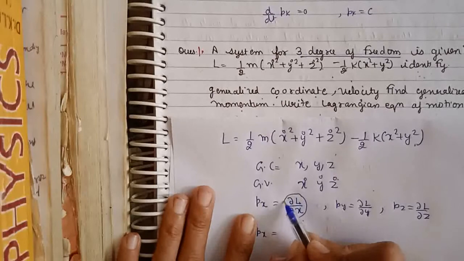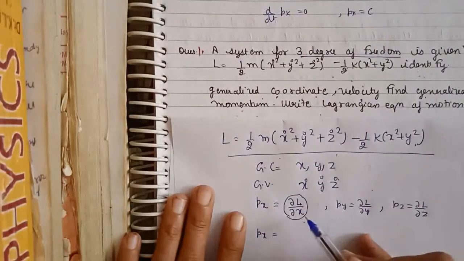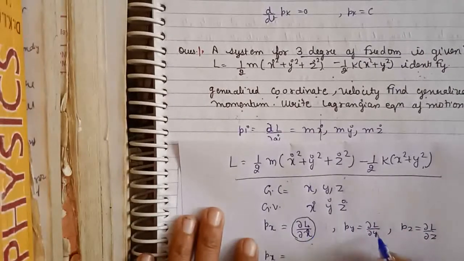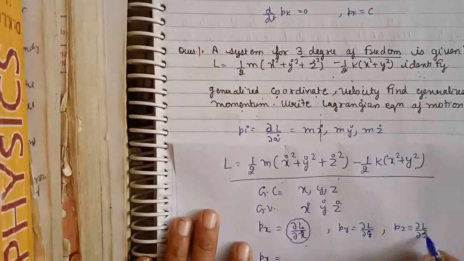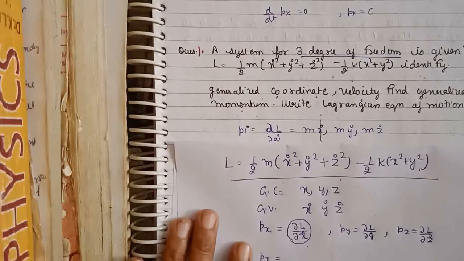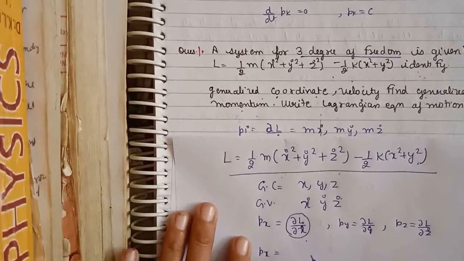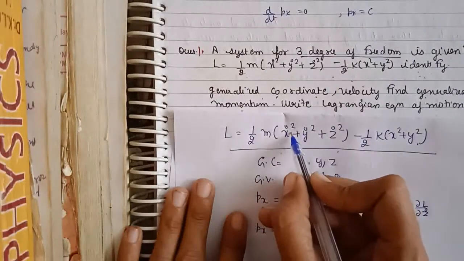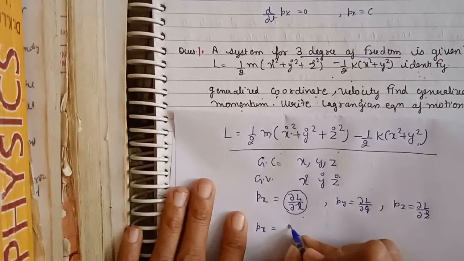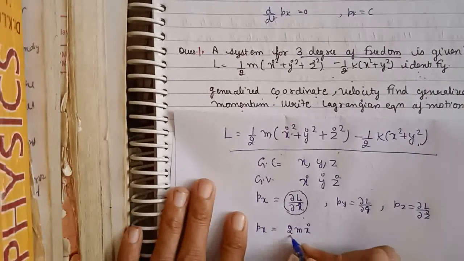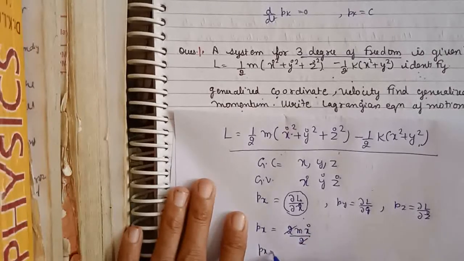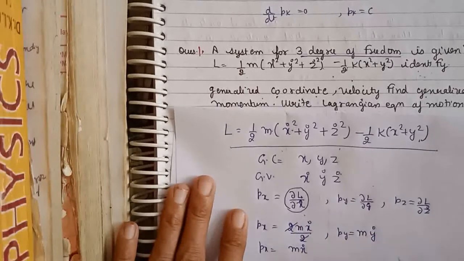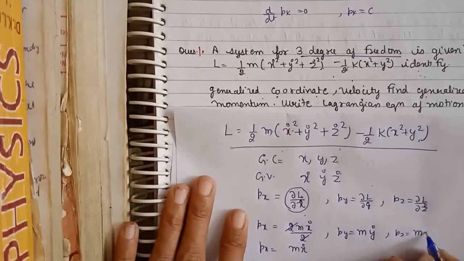In this Lagrangian, if we differentiate with respect to x dot, it becomes 2m x dot by 2, which gives px equal to m x dot. py will give m y dot and pz will give m z dot.